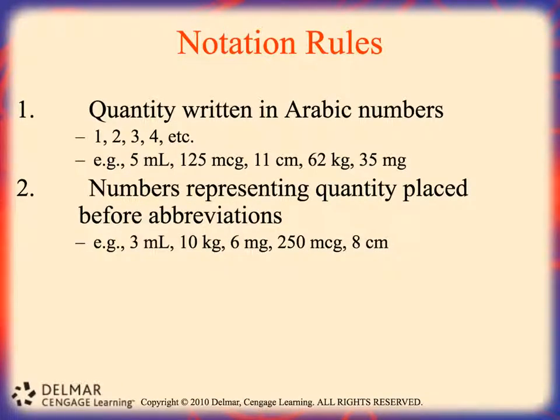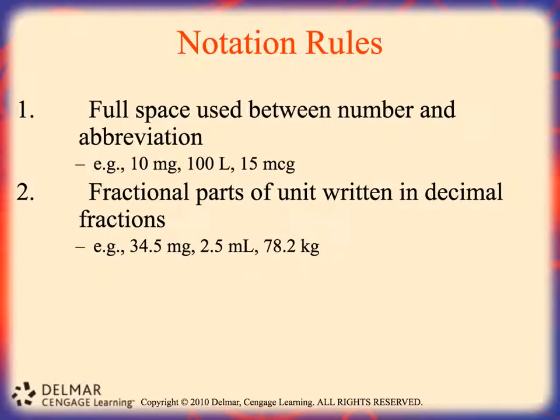When using the metric system, the quantity will be written in Arabic numbers, 1, 2, 3, 4, etc. The numbers representing the quantity are placed before the abbreviation with a space in between the two. As mentioned previously, note the space here.